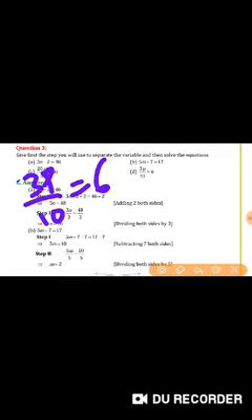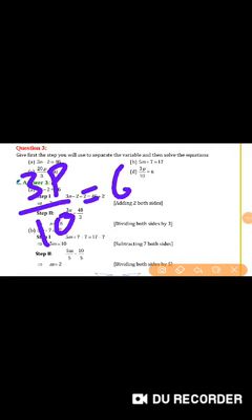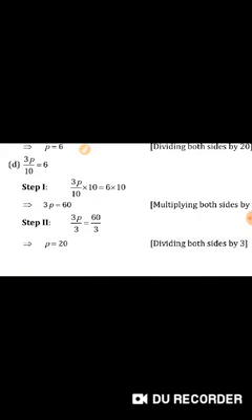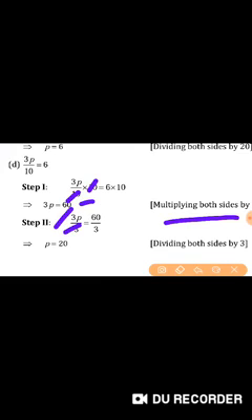So multiply with 10 on both the sides. 10 gets cancelled. 6 10s are 60, so 3p is equal to 60. Now I don't want 3 here, so I divide both the sides by 3. Now 3 gets cancelled. 3 1s are 3, 3 20s are 60. So p is equal to 20.